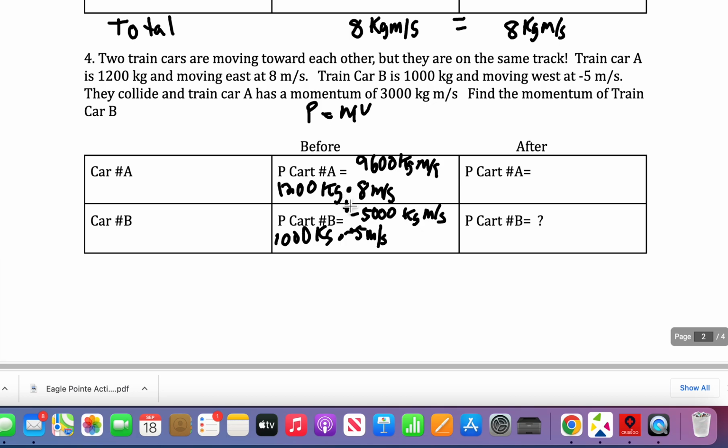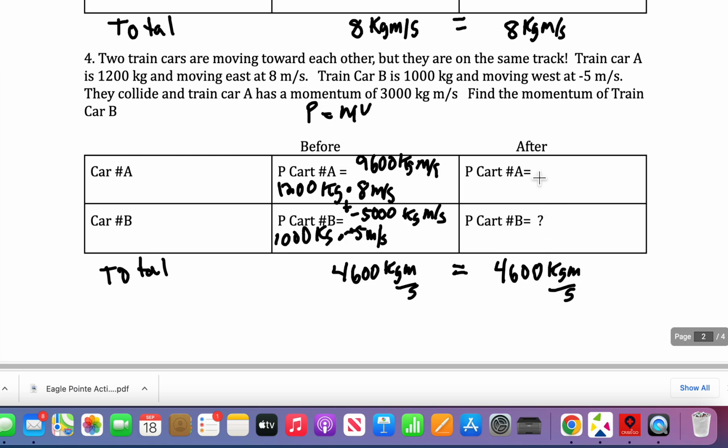Now, if you add those together, that's going to give you the total. And so 9,600 plus a negative 5,000 is going to equal a positive 4,600 kilograms meters per second. So you'll want to find the total, because the total before equals the total afterwards. That's called the conservation of momentum.